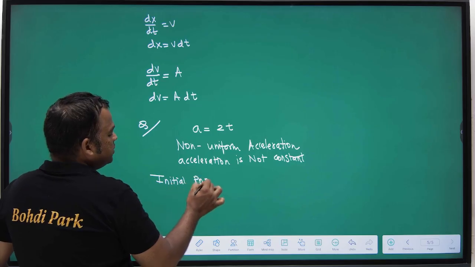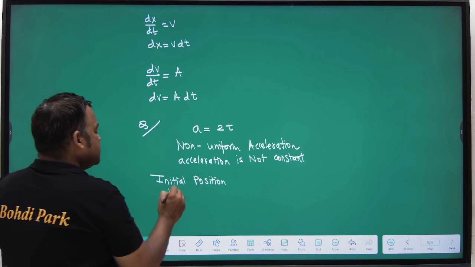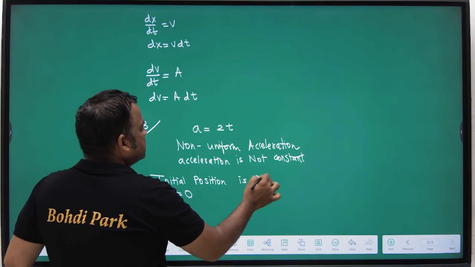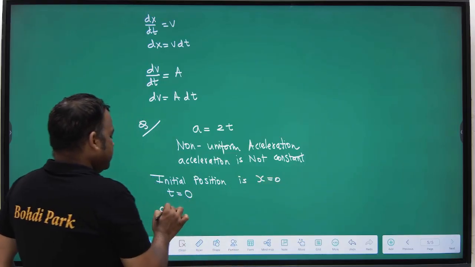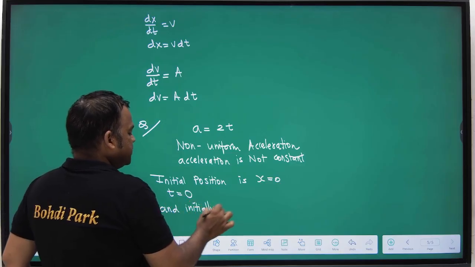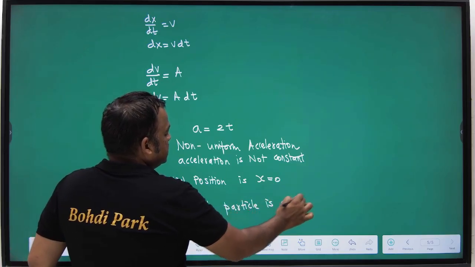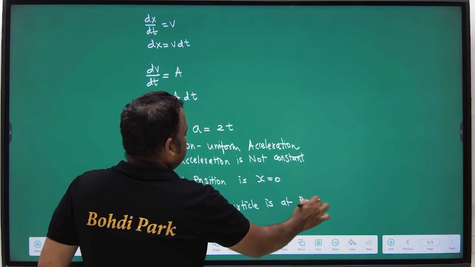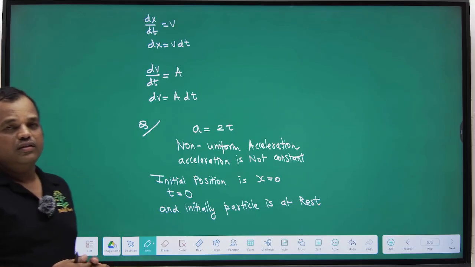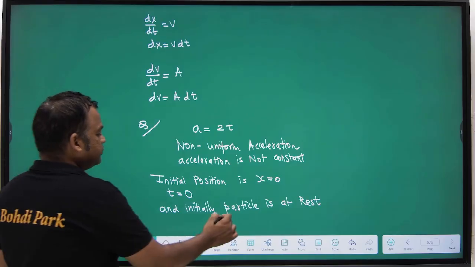initial position. Initial position means when time is 0. When time is 0, initial position is x is equal to 0, and initially the particle is at rest, or we can say the particle starts from rest. So at t is equal to 0, the velocity is 0.